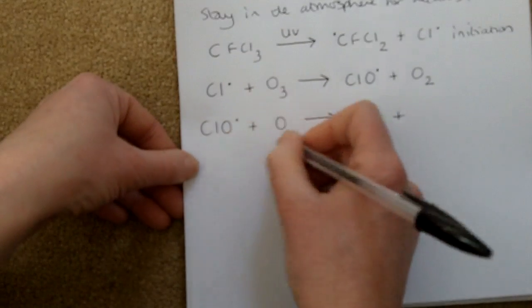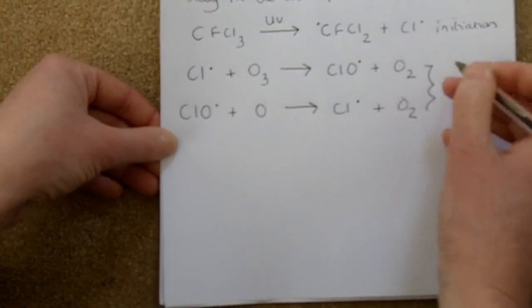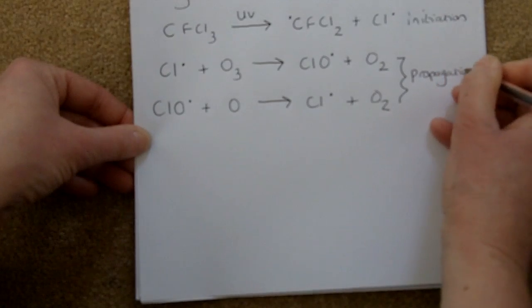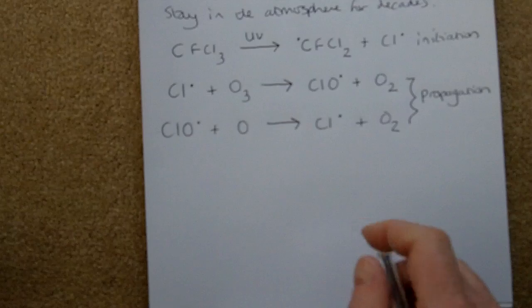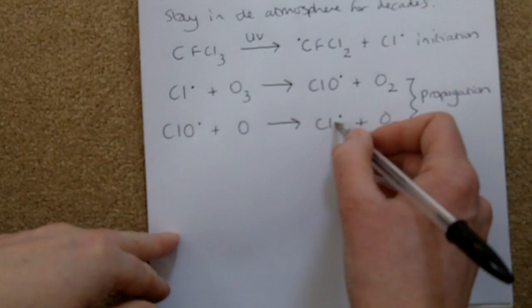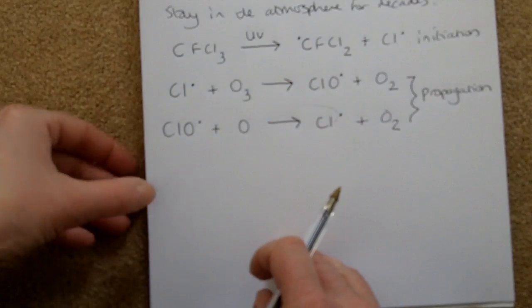These two steps together are called propagation steps in the mechanism. Can you see that this Cl radical is now going to be able to go and break down another ozone molecule?